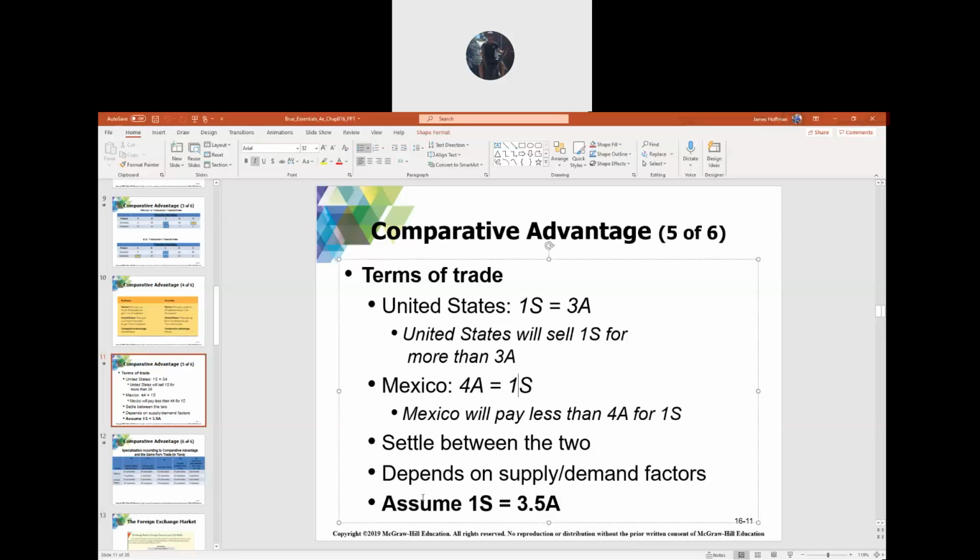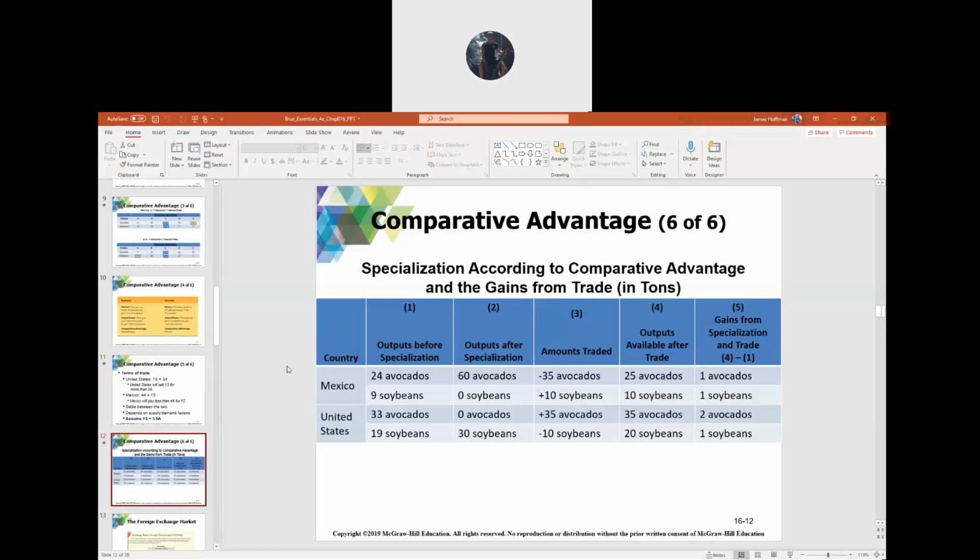So it's got to be in between. Here we can settle on this, where 1 unit of soybeans is exchanged for 3.5 units of avocados. See how that's in between the boundaries there? And if they make the trade like this, essentially they're both going to be better off.